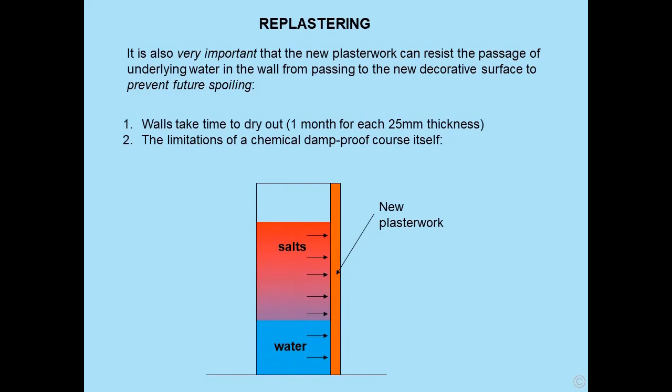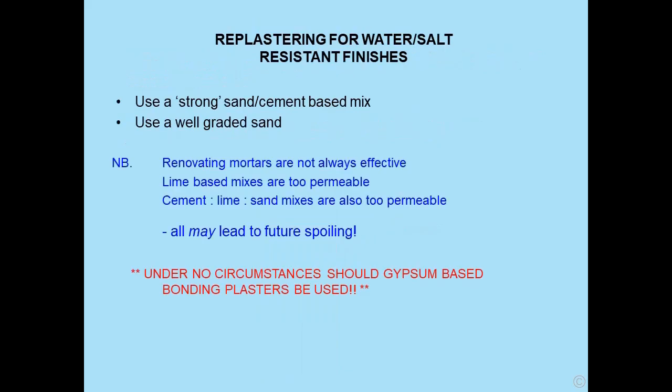So then, why do we need to look at this? Well, first of all, walls take time to dry out, the theoretical figure being 1 month for each 25mm of thickness, and of course the limitations of a chemical damp-proof course itself. They are only a control mechanism. So replastering for water and salt resistant finishes, we need to use a strong sand cement based mix and a well graded sand.